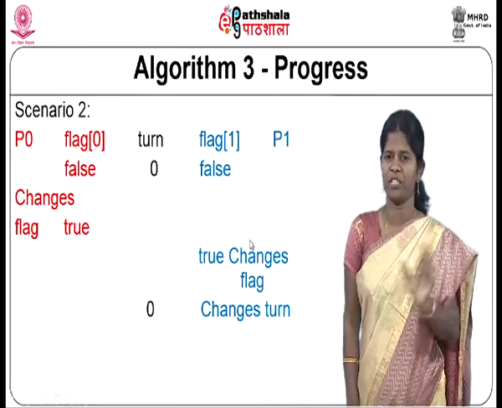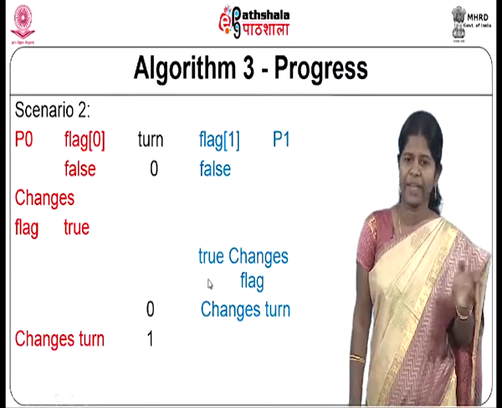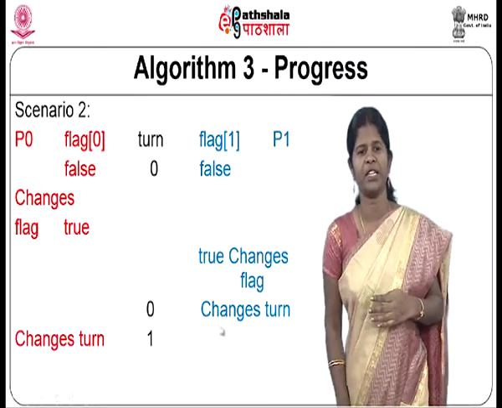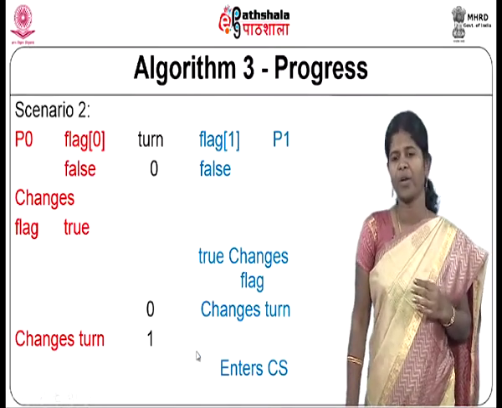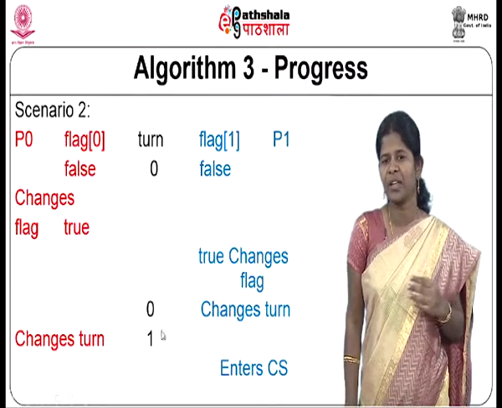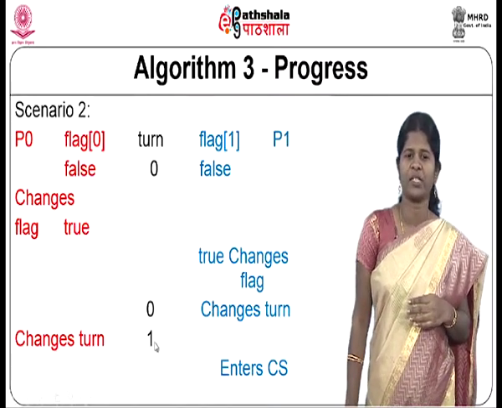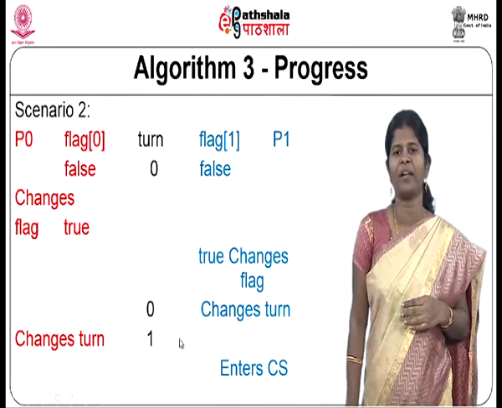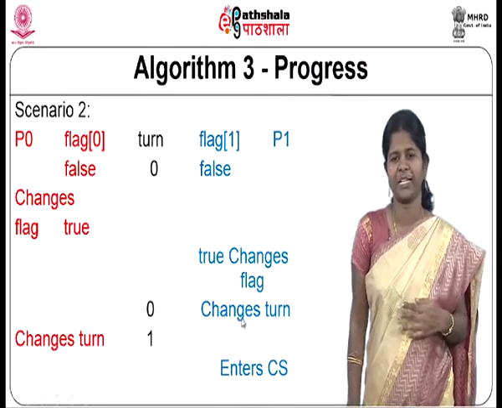So, for P1 j will be 0, so turn is made as 0 and next P0 executes, it changes the value of turn to 1. And now here you see that because P0 changed last and it changed the value of turn to 1, P1 enters critical section. So, P1 is the one who enters critical section first.